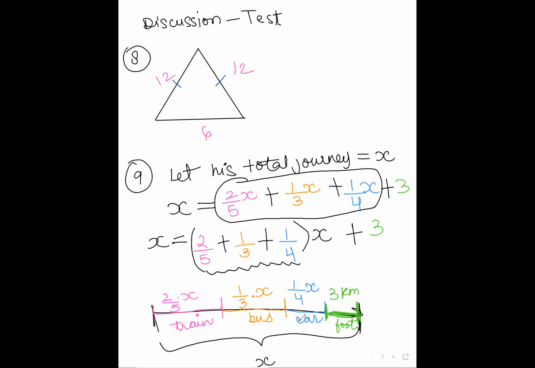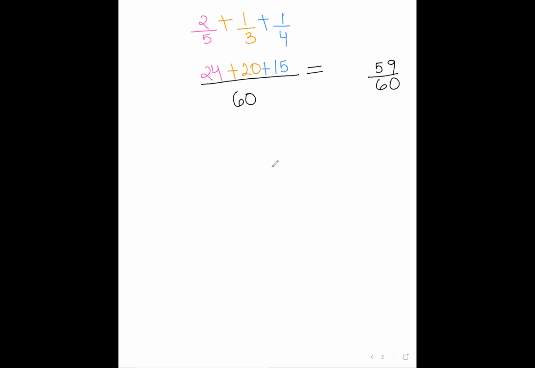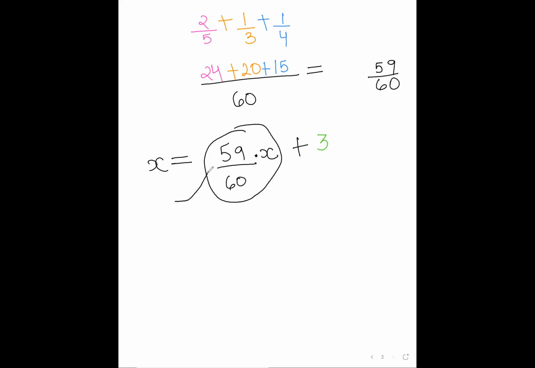So let me rewrite this over here. The left hand side of the equation was x is equal to, and then the fractions gave us 59 by 60, all being multiplied with x, and then we had plus 3, right? Now, can we send this x to the other side?